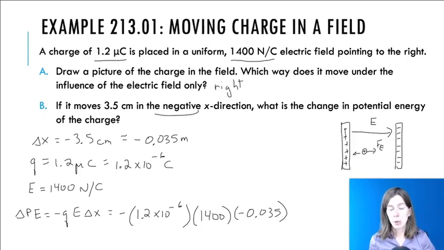So the two negatives will cancel out and our answer will be positive. And that makes sense. Because if the positive charge is moving to the left, then its potential energy is increasing because work has been done to push it to the left. When you plug in these actual values, you're going to get 5.8 times 10 to the negative 5 joules.